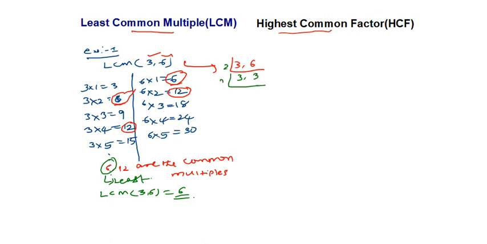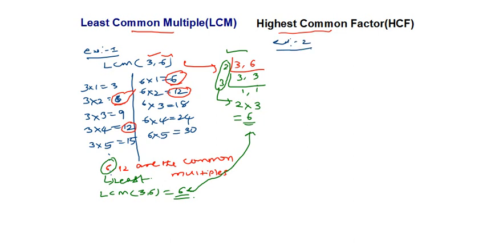Next 3 1 is 3, 1 is 3. So what do we multiply? 2 and 3. You will do 2 into 3, this is 6. We got the same answer. This is the easy method. This is the actual meaning of LCM. Now we will understand this LCM with another example. Now example number 2.